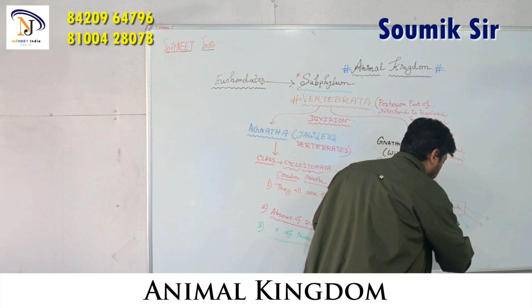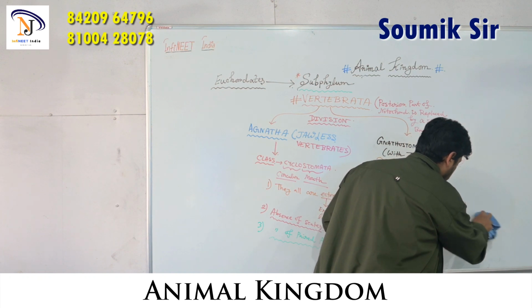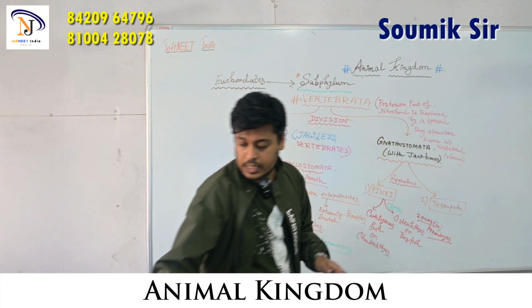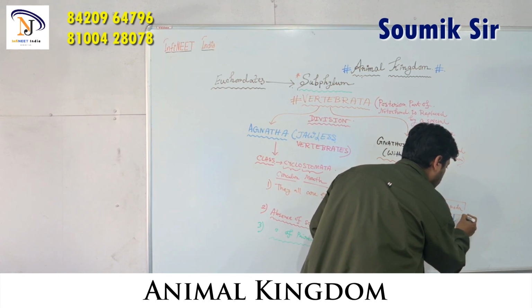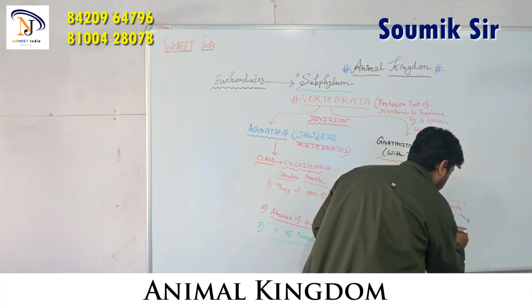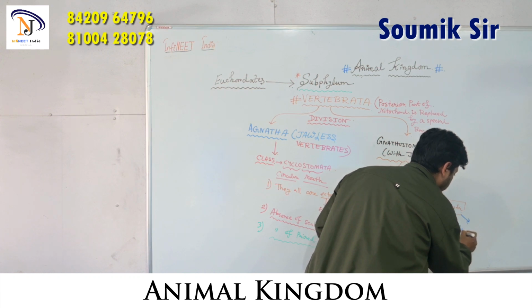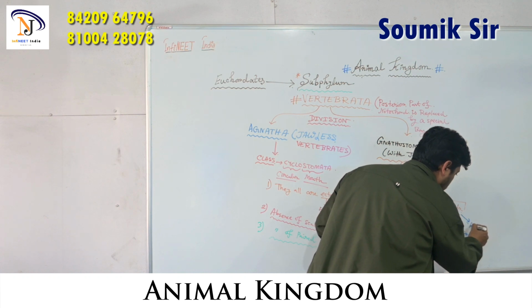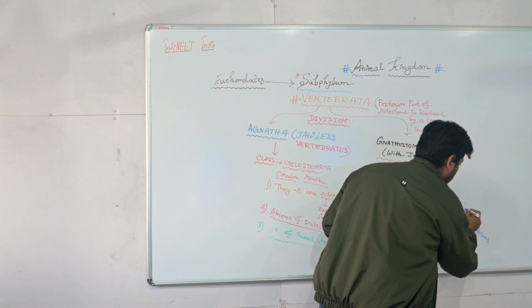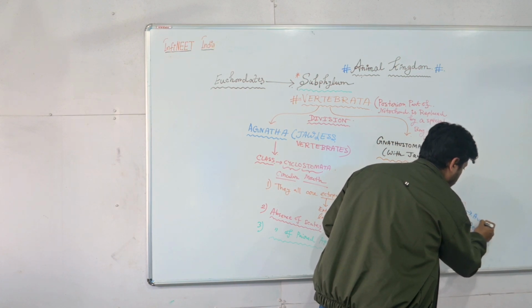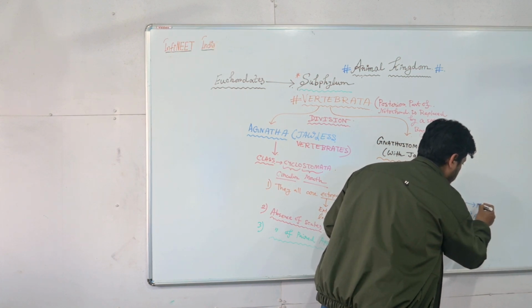The superclass Tetrapoda is divided into different classes. The first class is amphibians, second class reptilians, third class aves, and fourth class mammalia.